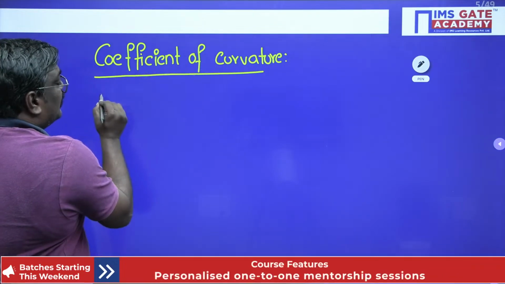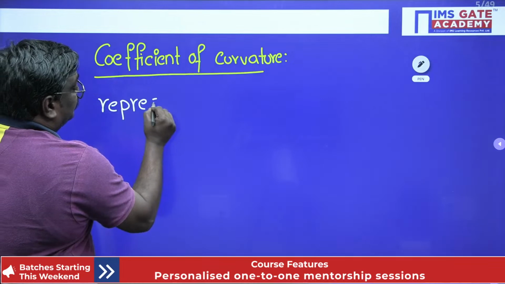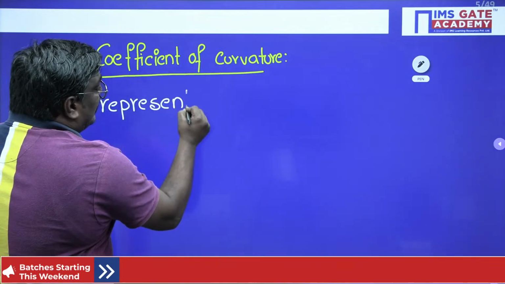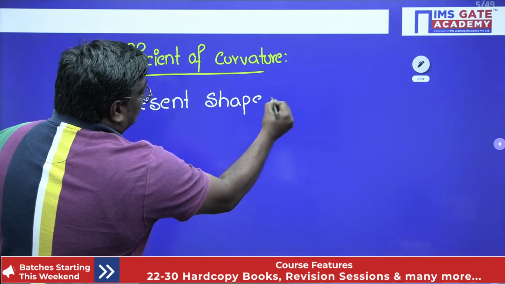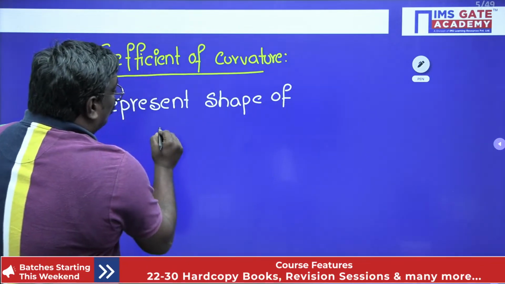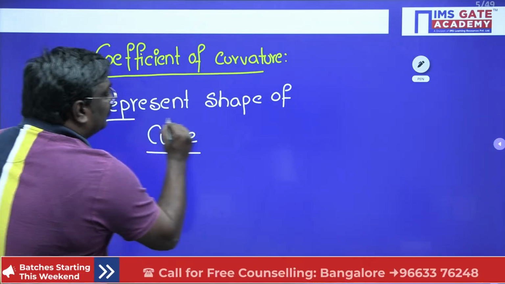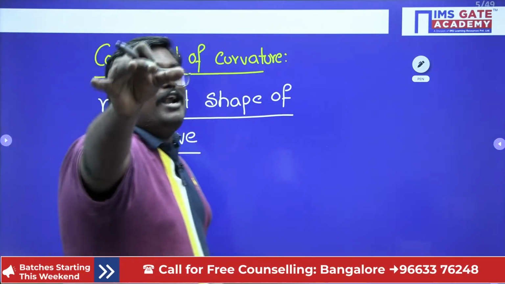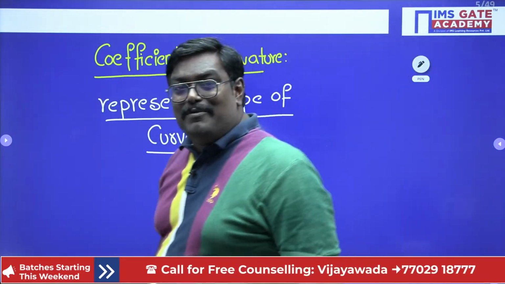The coefficient of curvature represents the shape of the curve. So to understand the shape of the curve in a particle size distribution, the coefficient of curvature will help you.